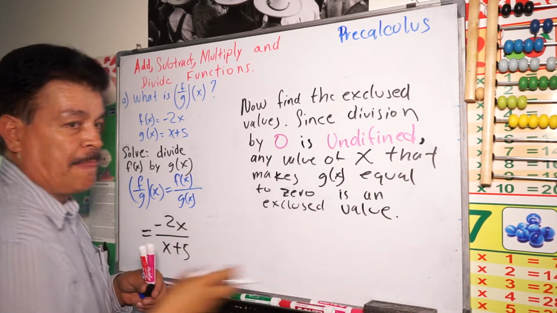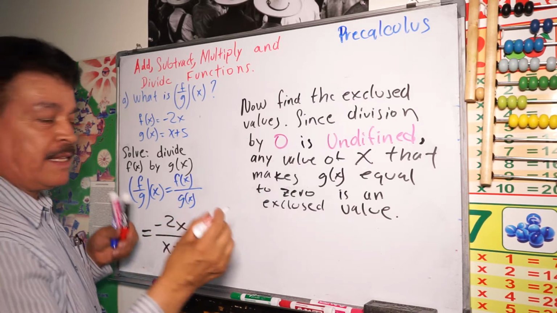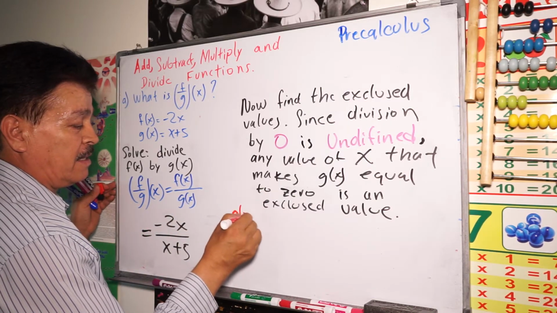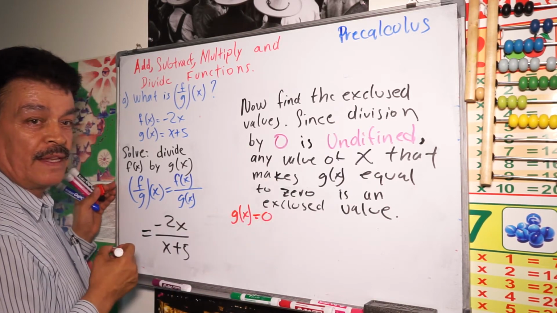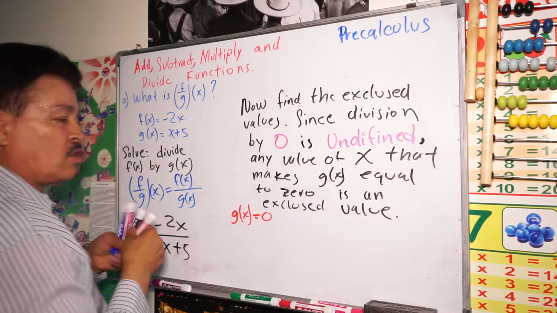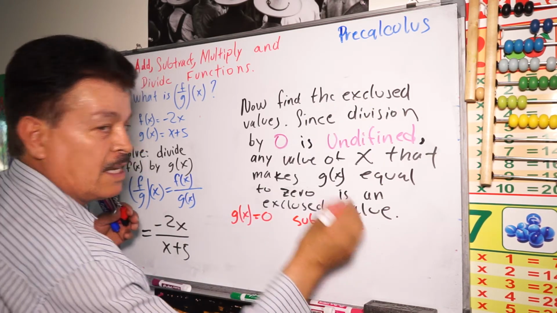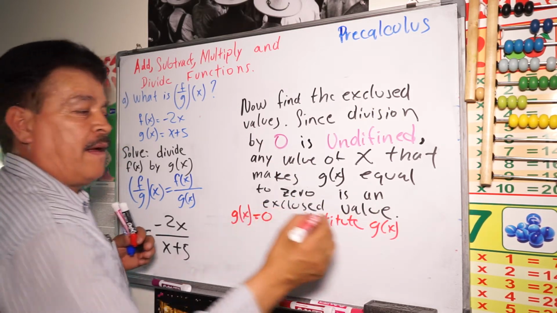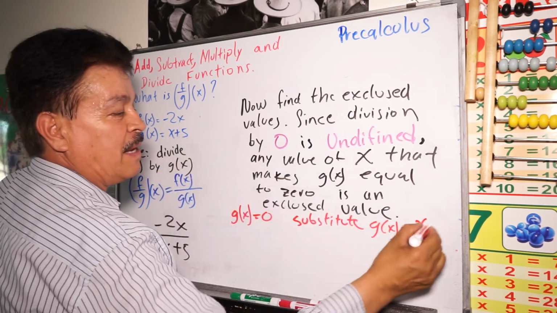So now I'm going to write g(x). This is the formula: g(x) equals x plus 5, and we set g(x) equals 0.